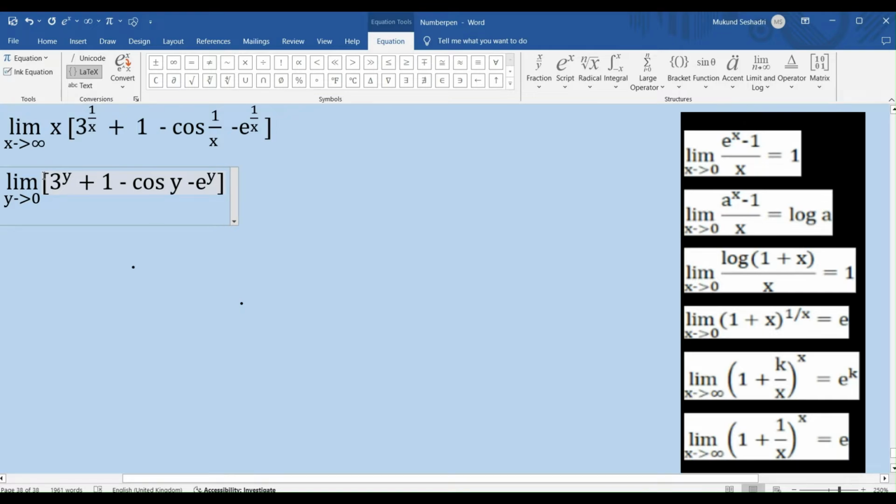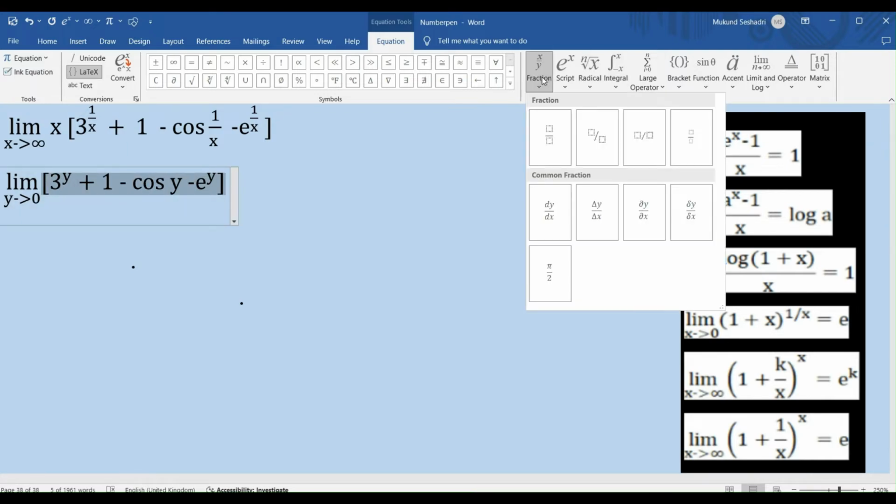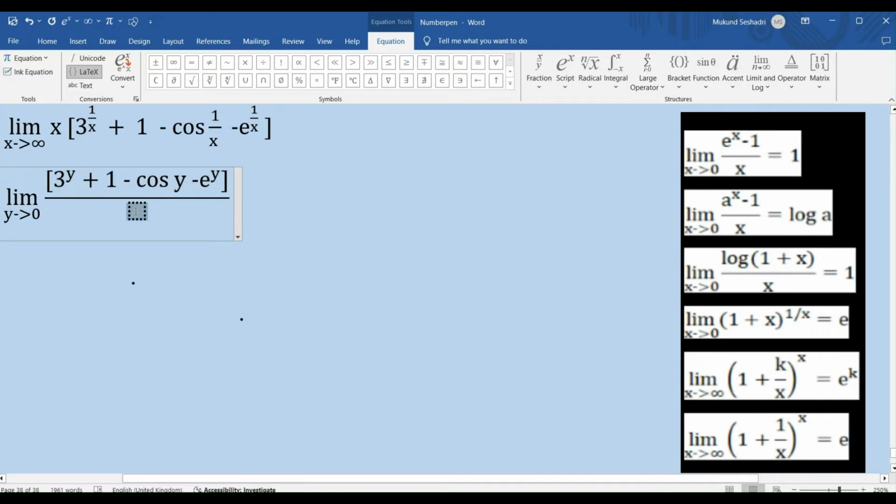And I have my x, which now becomes 1 by y. So I'll do a whole of this expression, and I have my y here. So we have this expression now as 3 to the power y plus 1 minus cos of y minus e to the power y, divided by y.